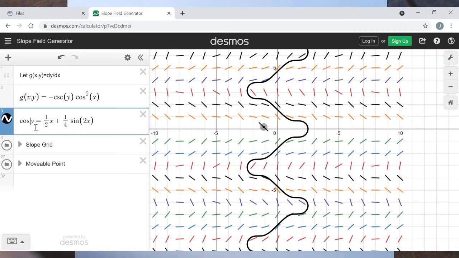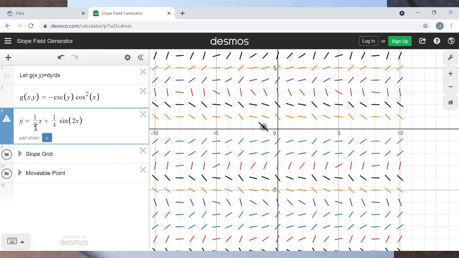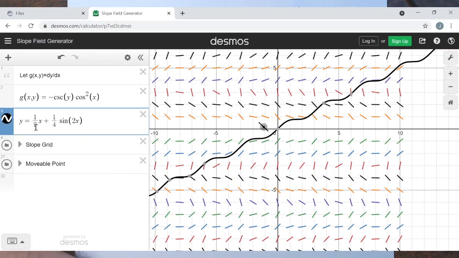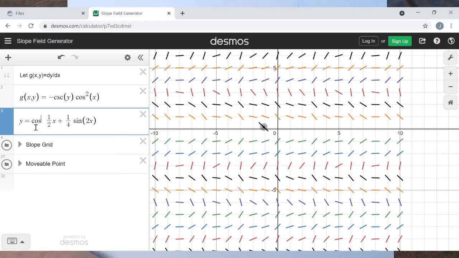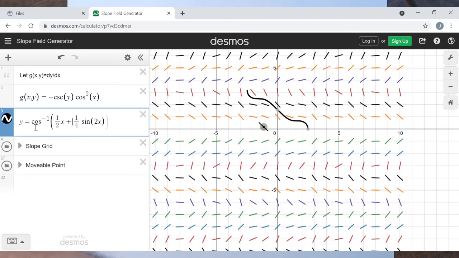So if I go through this and take the inverse cosine of both sides, it's just going to be a little piece of it, just the piece of that curve where y is between 0 and pi. So this is actually a piece of that larger curve we just saw, but only a little part of it. And that's an explicit solution to our differential equation.